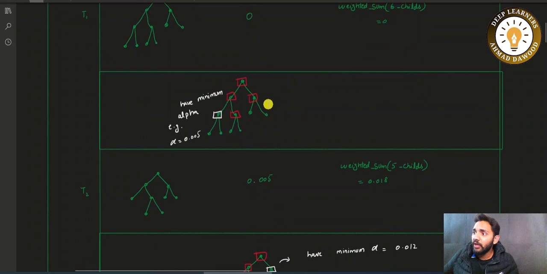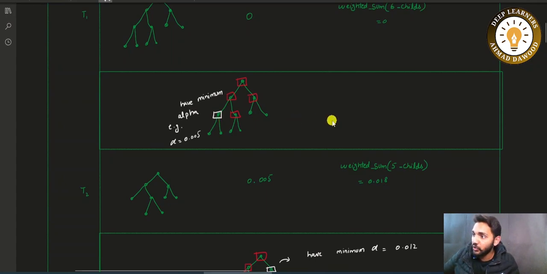Then we calculate the alpha value for each non-terminal node, like 1, 2, 3, 4, 5. There are 5 non-terminal nodes. We calculate the alpha value for all non-terminal nodes, and the non-terminal node which has the minimum alpha value compared to all others, we will prune the branches of that node.